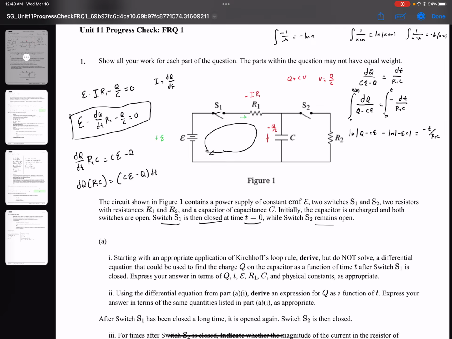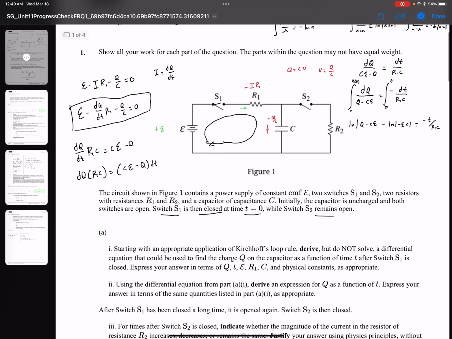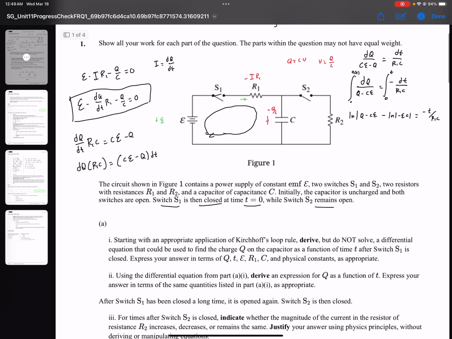So now at this point, what we need to do is combine these two expressions. A property of logs: if you're adding logs, you just multiply the arguments, or if you're subtracting logs, you take the ratio of the arguments.